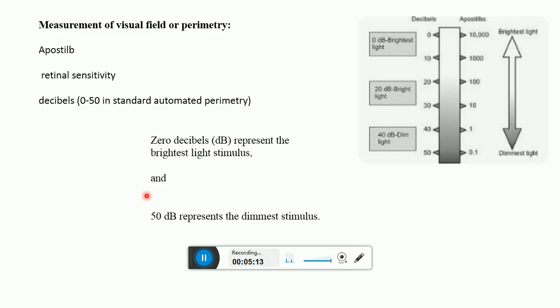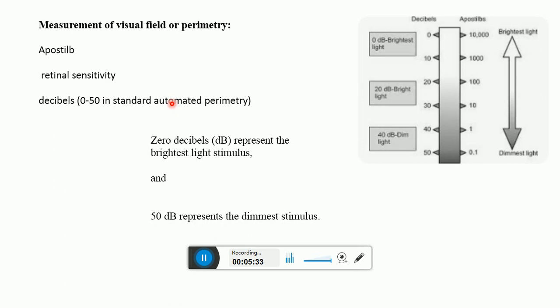Now, measurement of visual field or perimetry. The measurement of the retina's sensitivity to light is shown at a given location in the visual field printout. So the visual field printout tells us the measurement of the retina's sensitivity to light at a given location.